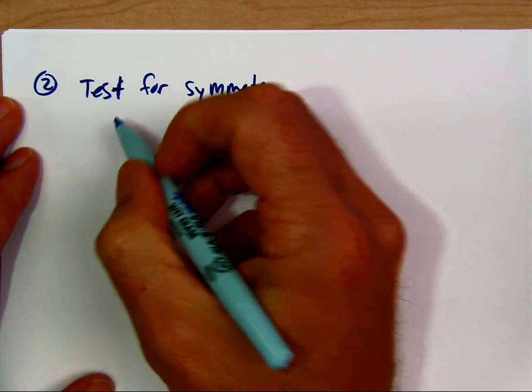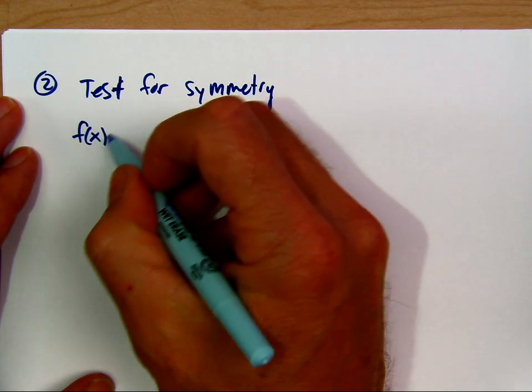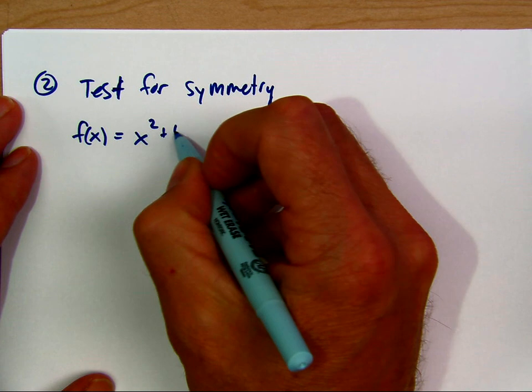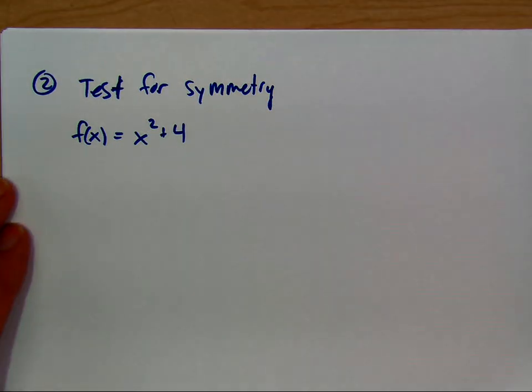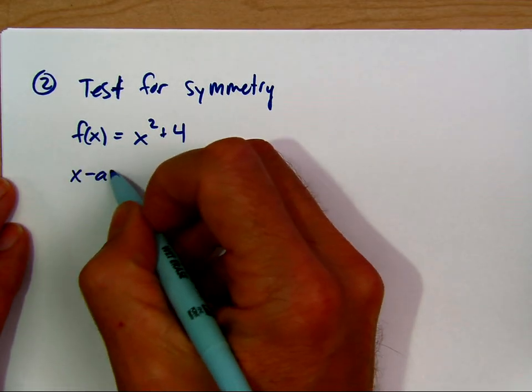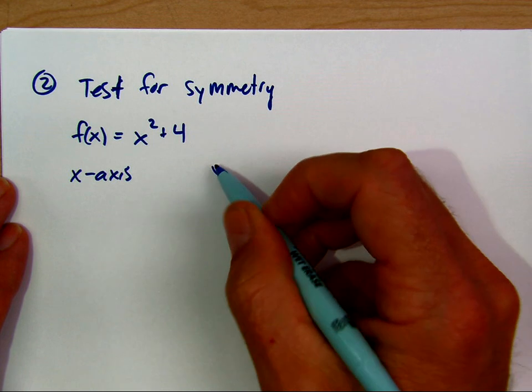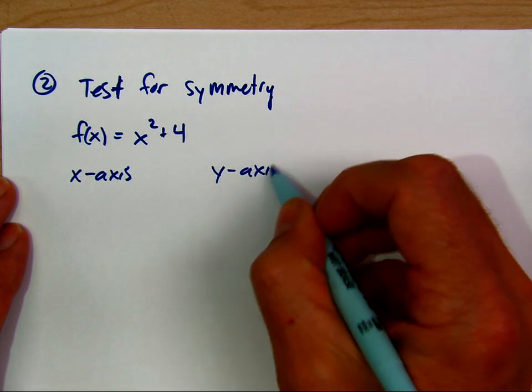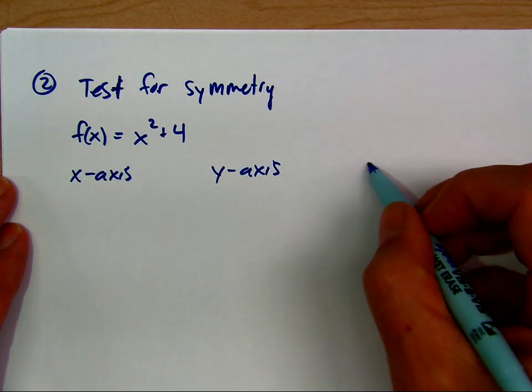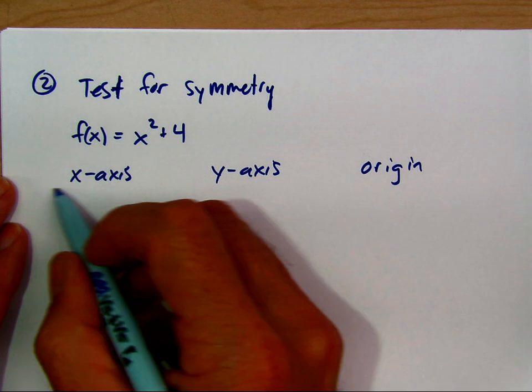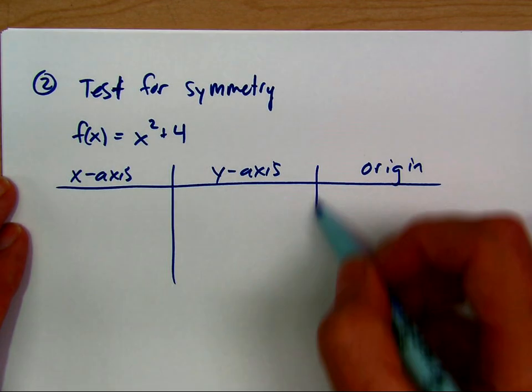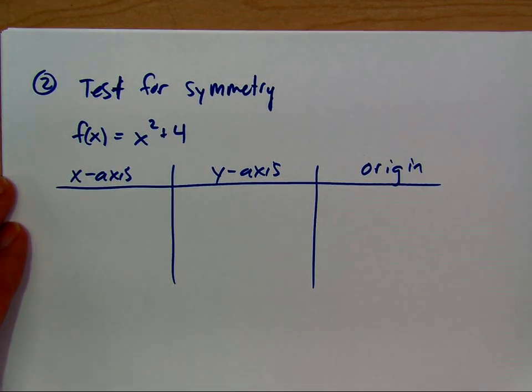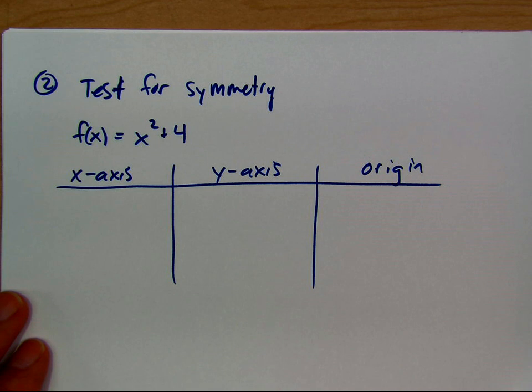Test for symmetry. Now we just change the sign of variables and see if we can get back to the original.